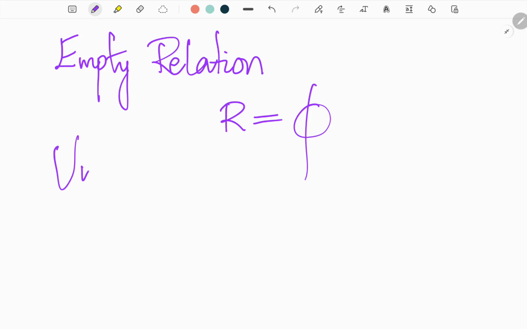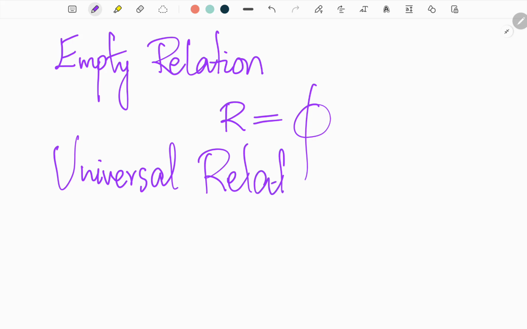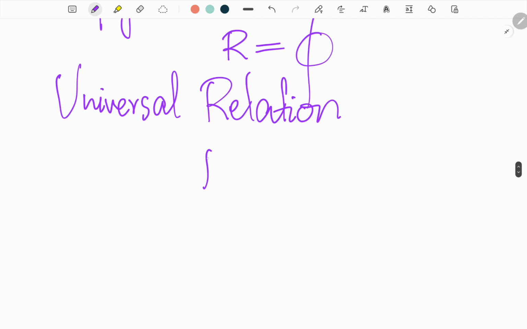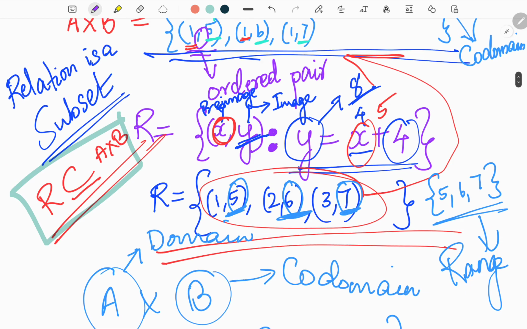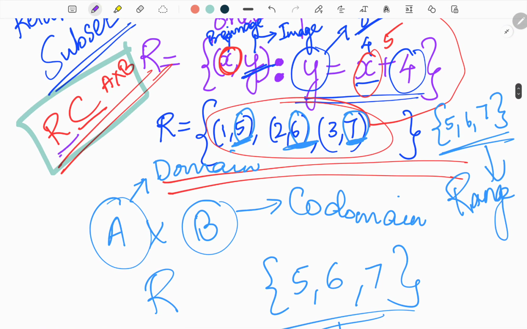What is universal relation? Universal relation is the next type of trivial relation. Universal relation means the relation is equal to the Cartesian product. I had told you in the beginning, the relation is always a subset of the Cartesian product, or it can also be equal to it.